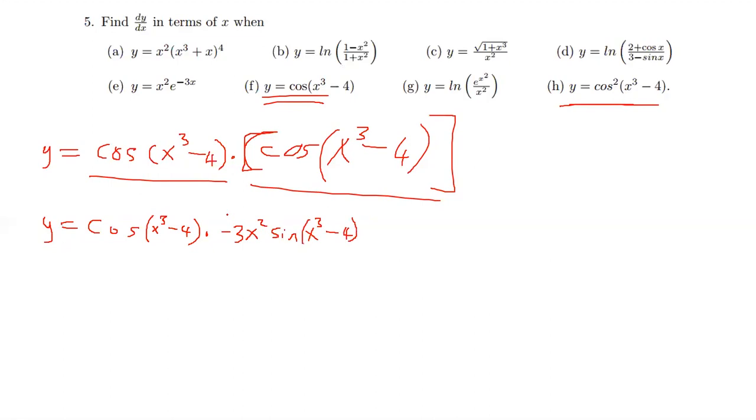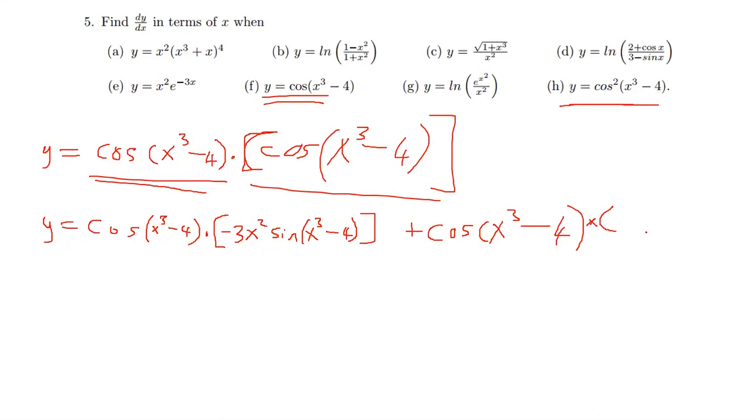So you have something like this, and then plus, again you repeat the same thing: cos, you repeat your v in this case, cos(x cubed minus 4), multiplied by the derivative of your u, which is just the same.